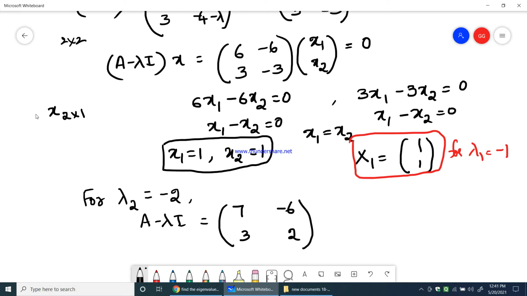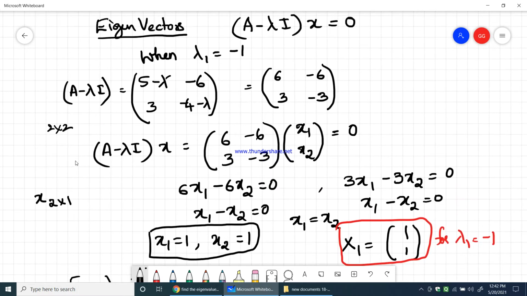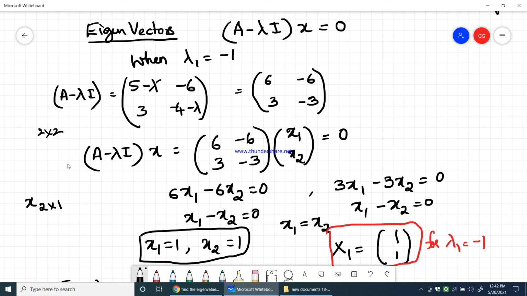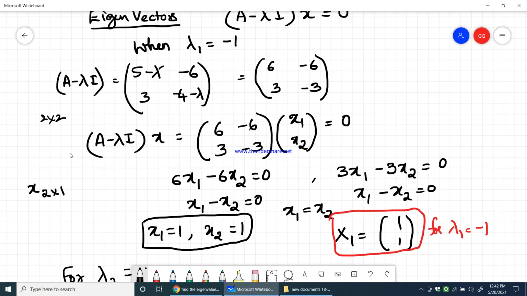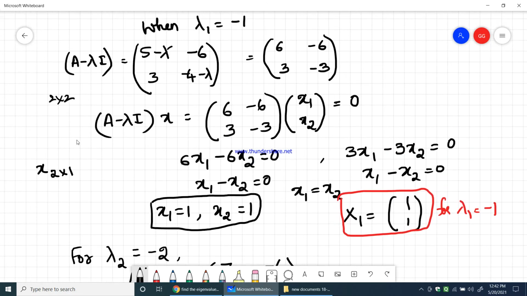So now I see that my 5 minus of minus 2 is 7, and minus 4 minus of minus 2 is 2, with minus 6 and 3.